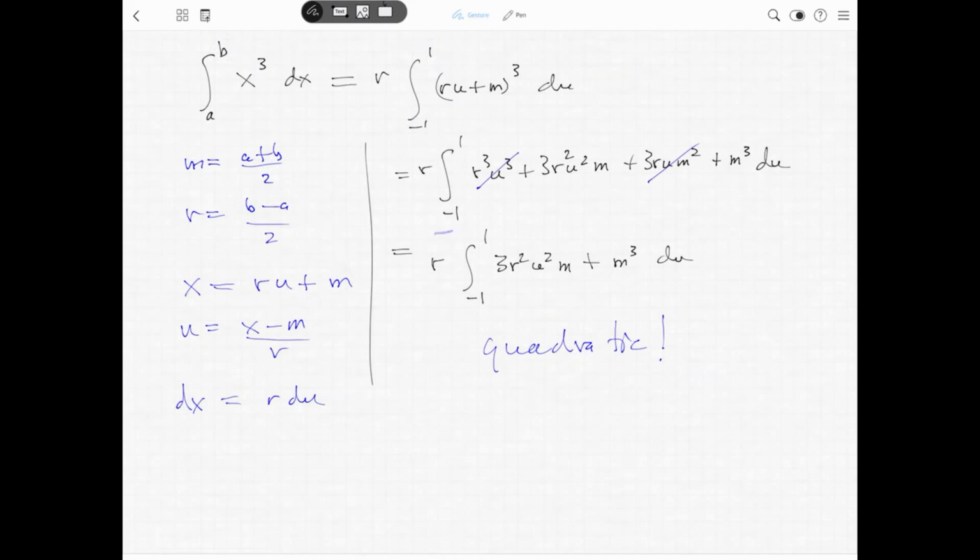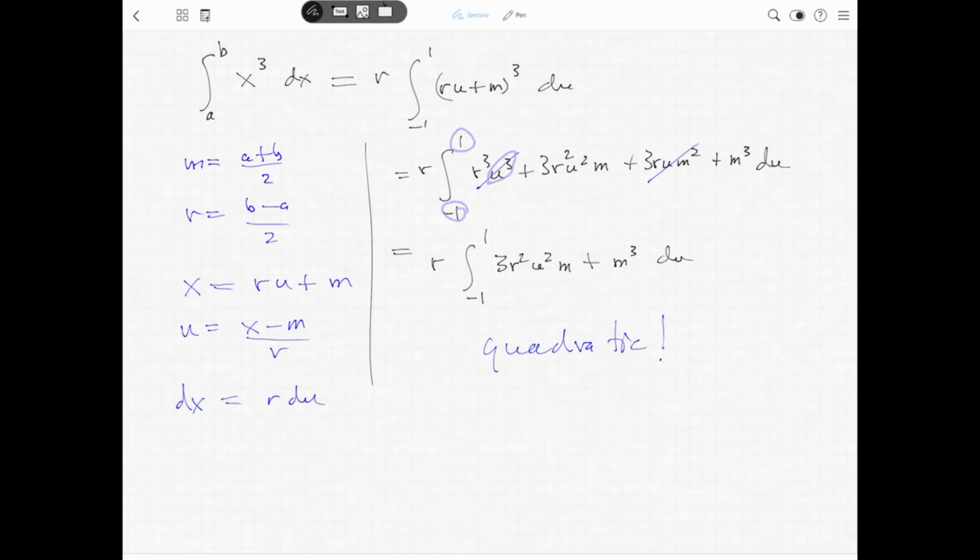Now here's the thing: if we're working on this interval from -1 to 1, you'll recall that all the odd terms disappear when you integrate, right? Because we're integrating with respect to u, if you integrate u cubed, you're going to get u to the 4th over 4. But u to the 4th, because it's an even power, takes the same value at 1 as it does at -1.